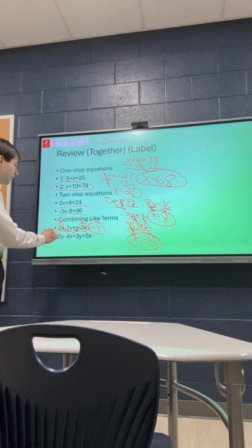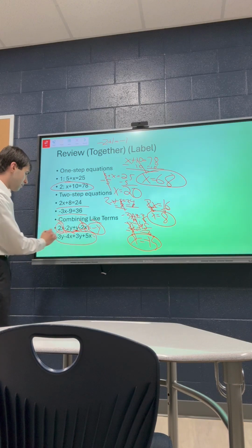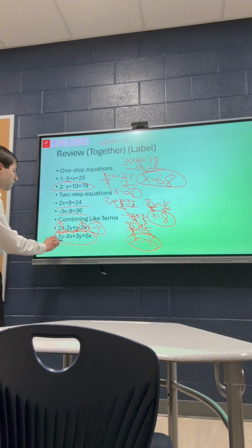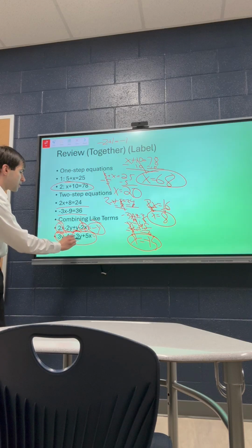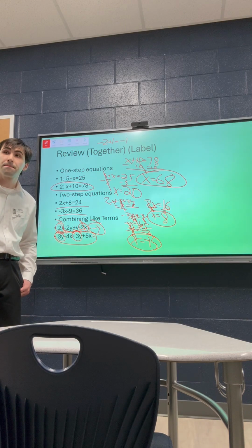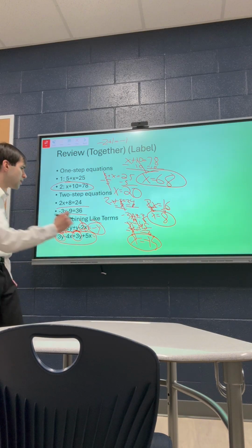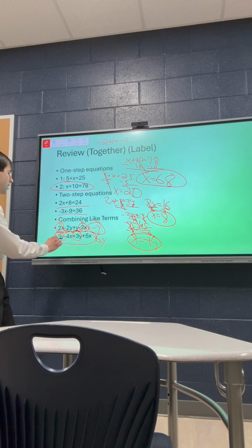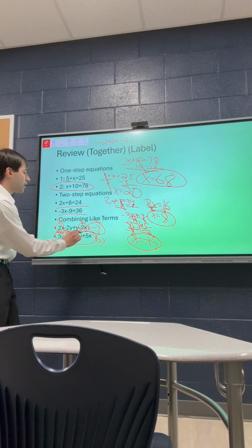Easy. Now for this one, 3y minus 4x plus 3y plus 5x, we see 3y plus 3y, and of course 3 plus 3 is 6, and we still include the y. Now, negative 4x plus 5x.